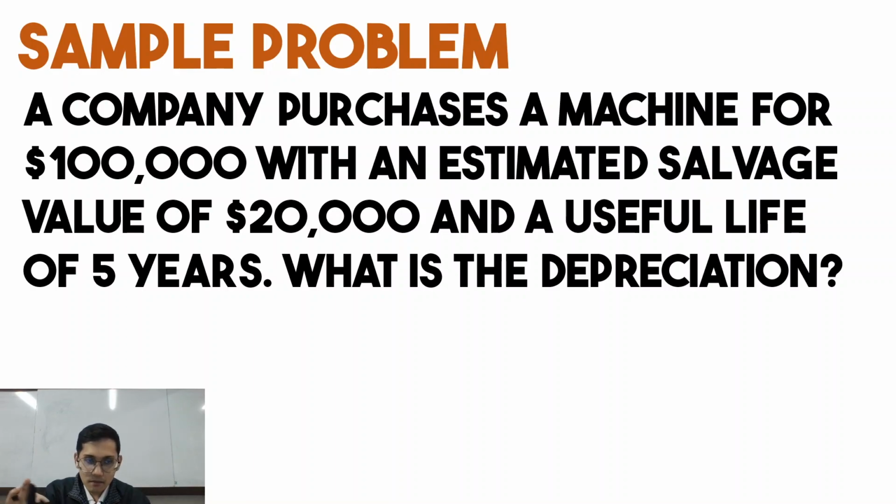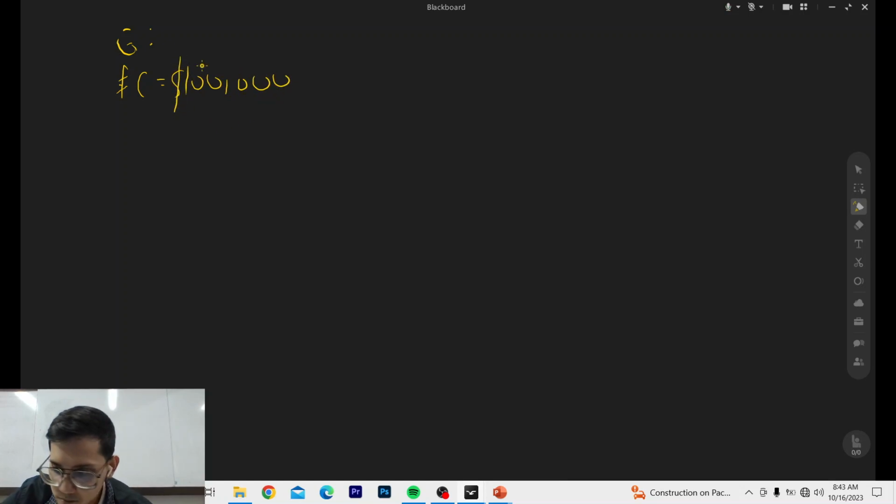Okay. So, let's solve this. We have the given. Given natin is we have the first cost equal to $100,000. Next, we have the salvage value equal to $20,000.